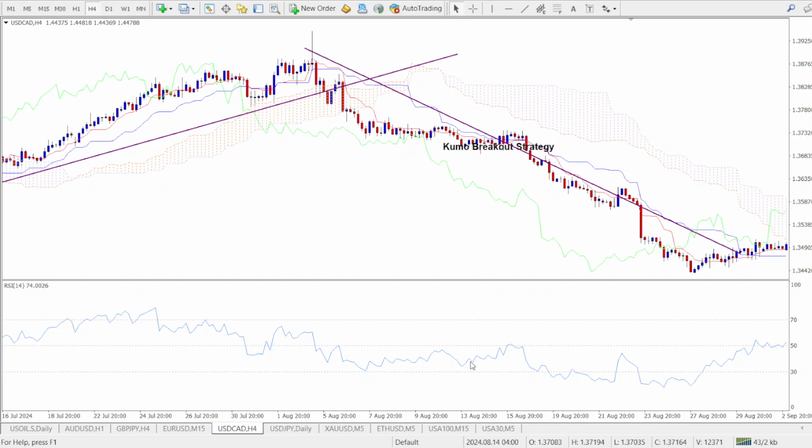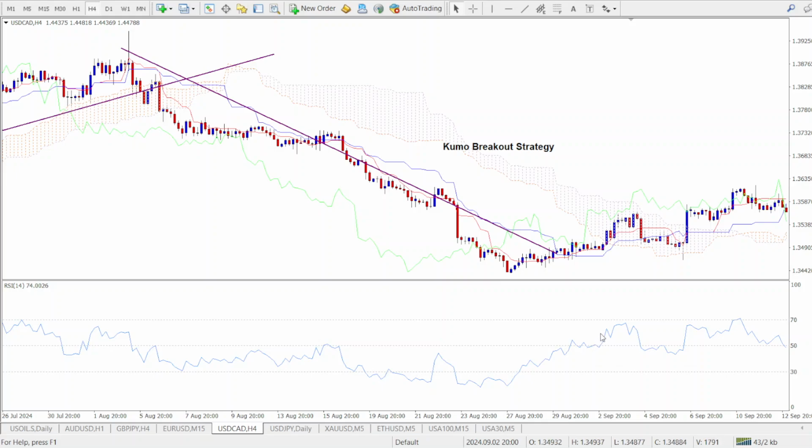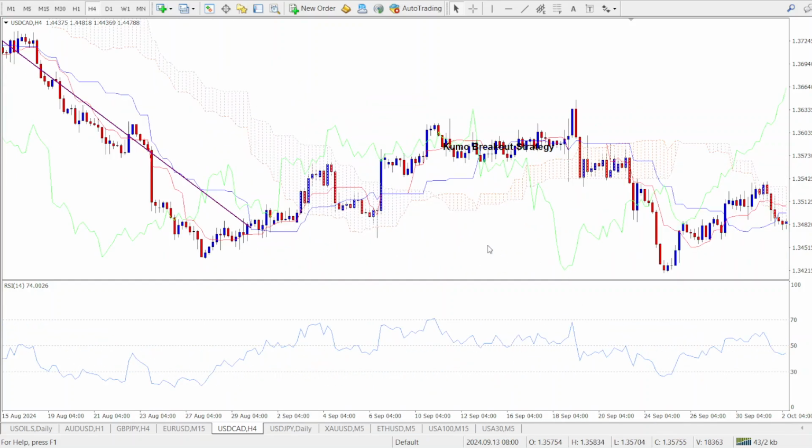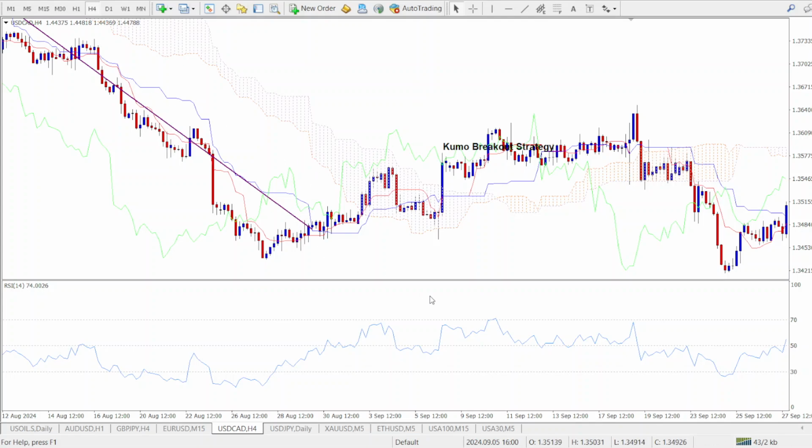For example, if the RSI is above 50 during a bullish breakout, like what happened here, you can see that we initially had a sell move, and then we had a bullish breakout. You can see that the price actually broke above the cloud, and RSI moved above the 50 level. So that indicated a buy signal. Okay, it quite adds strength to the signal.